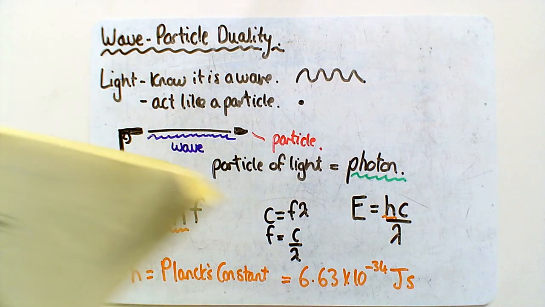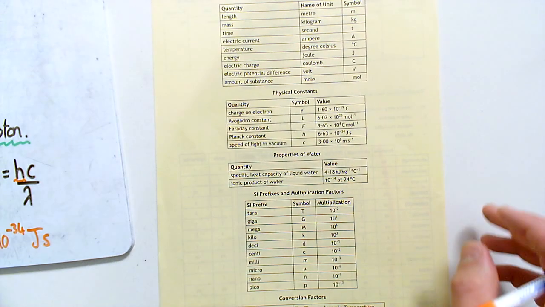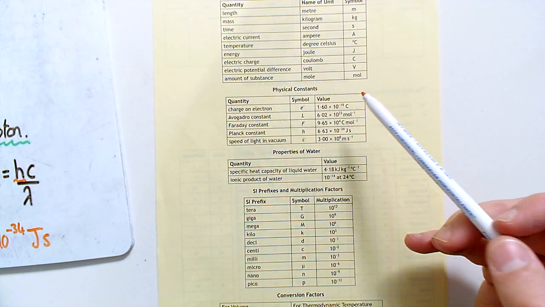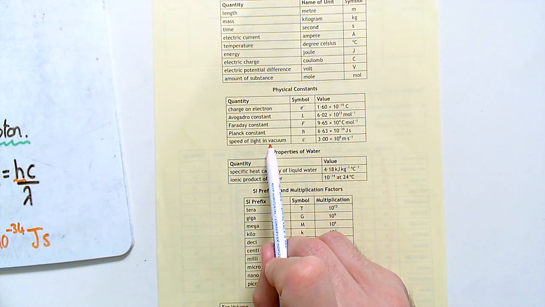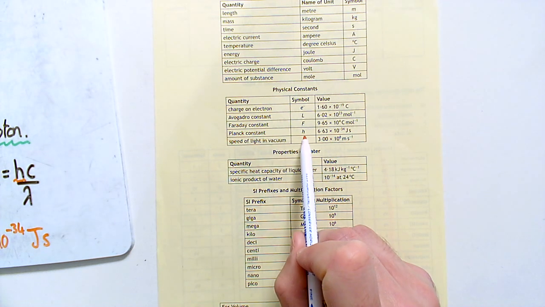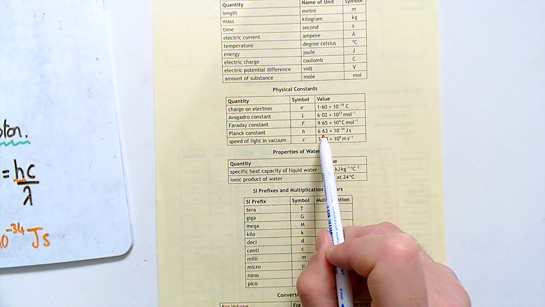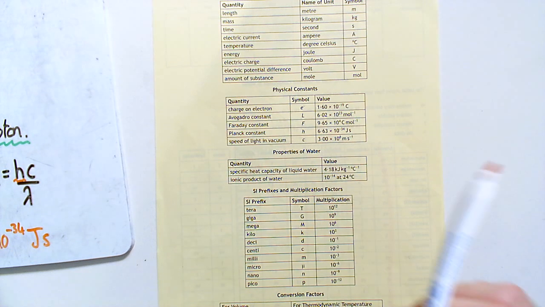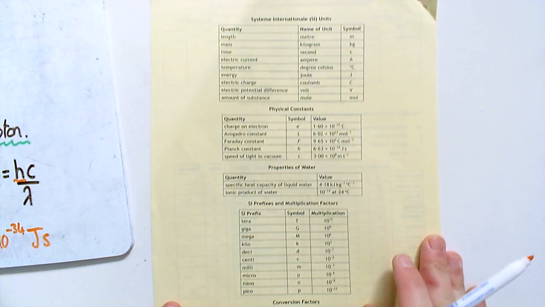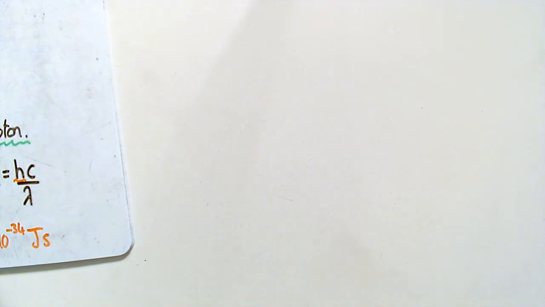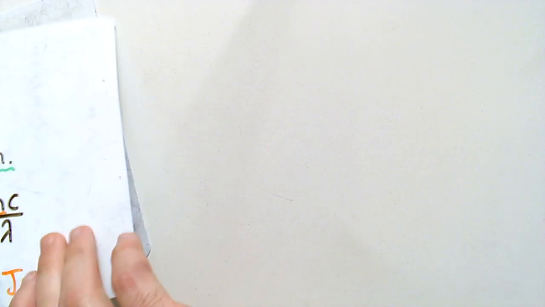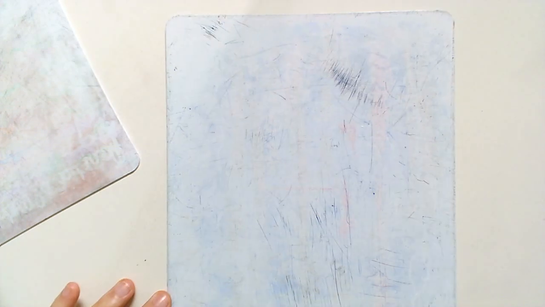And just to show you, it definitely is in the data booklet. Here's the back page of the data booklet. So in the physical constants section, we have the speed of light in a vacuum c. Just one above that is h, 6.63 times 10 to the minus 34. Now, we're just going to do an example, calculating the energy.